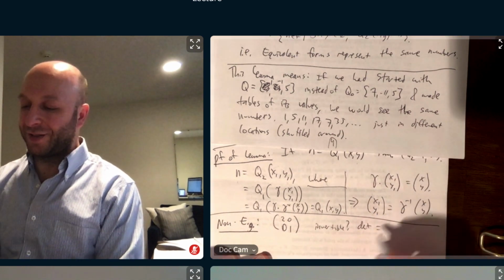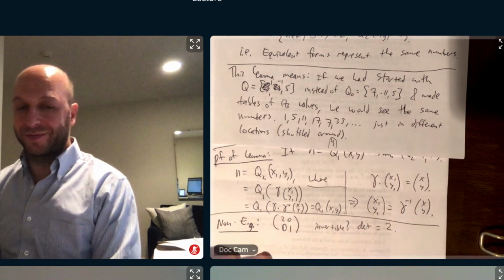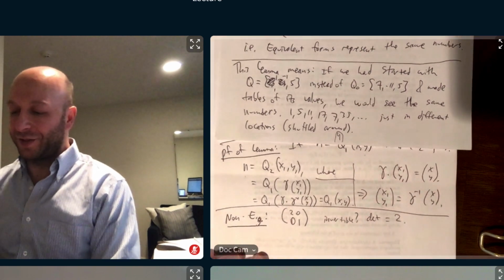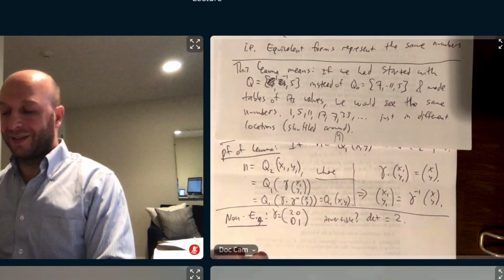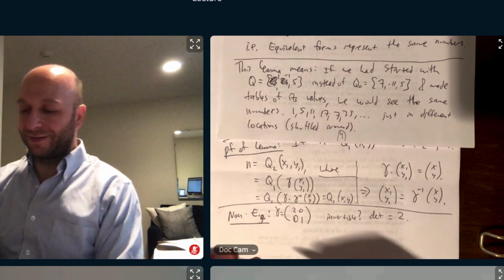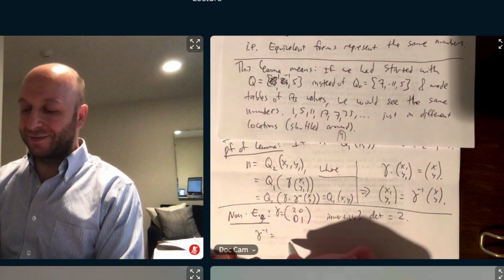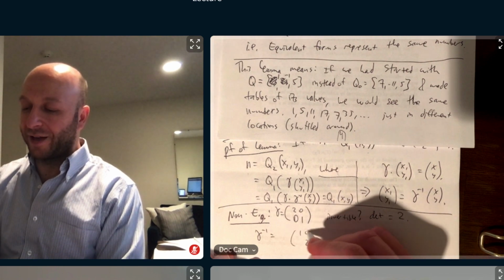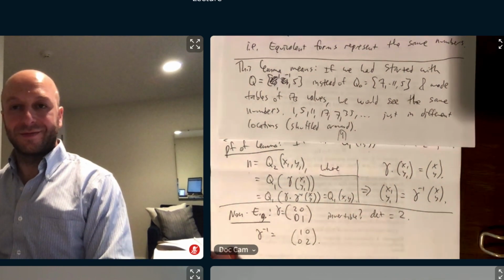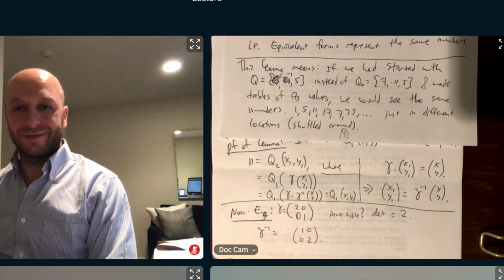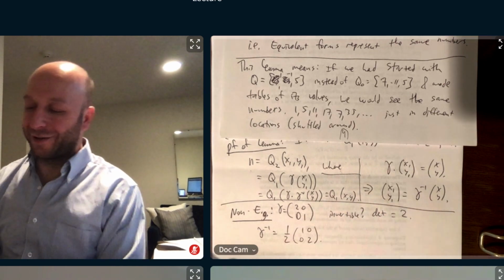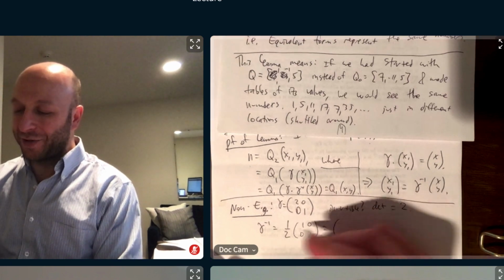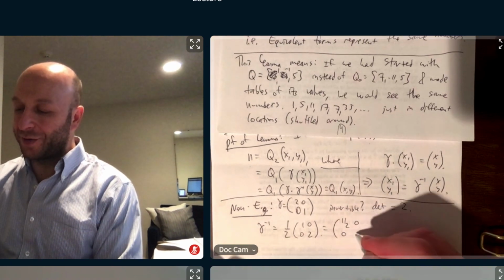The determinant is 2 times 1, 2. So what's the inverse? Let's call this gamma. I flip the diagonals and negate the off diagonals, and I divide by the determinant. So this matrix is a half, 0, 0, 1.